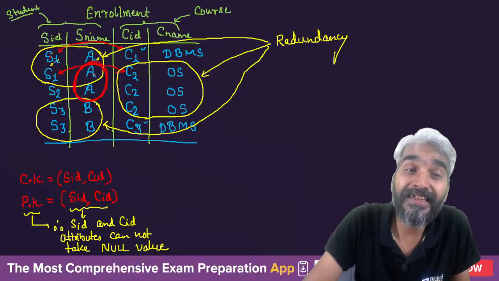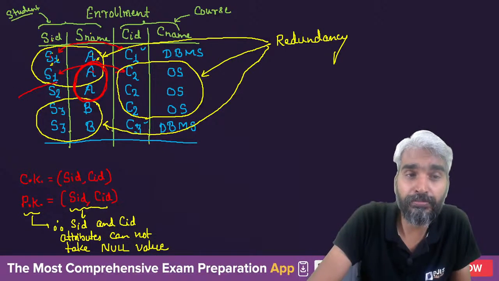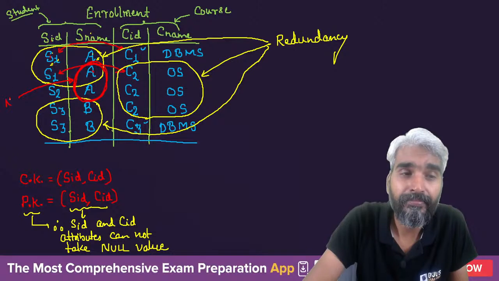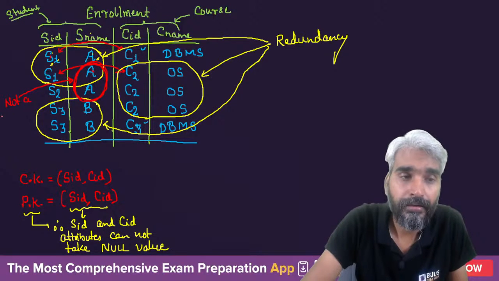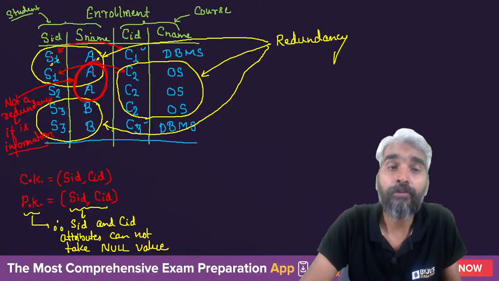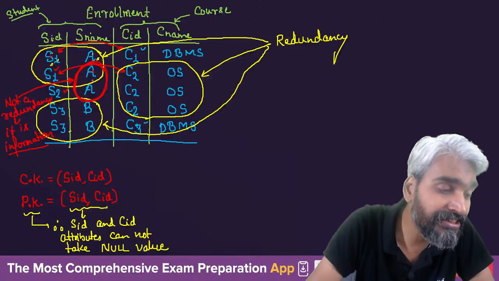Sir, you may say, sir, these are duplicate values. But you just need to understand that this is not a redundancy. Why? It is information. What information? That two different students, S1 and S2, are having the same name.